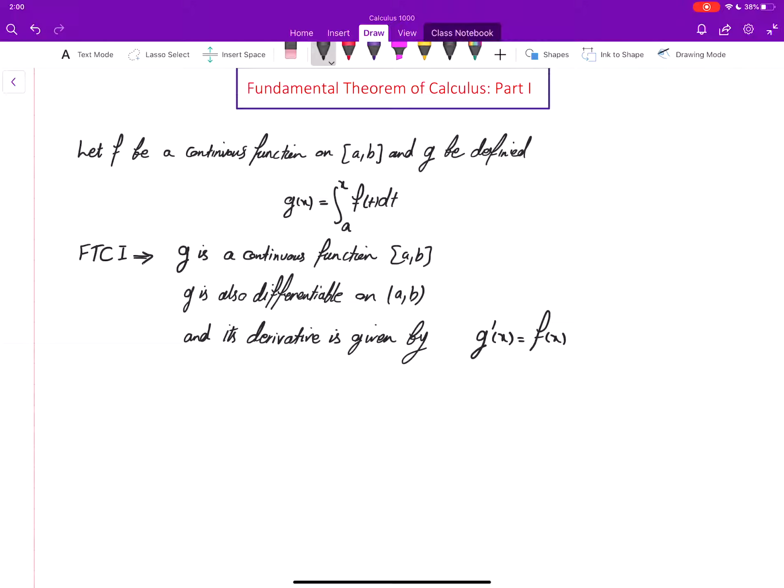Okay, so this is the fundamental theorem of calculus part 1. It says what the derivative is of a function defined using the definite integral the way we wrote up there.